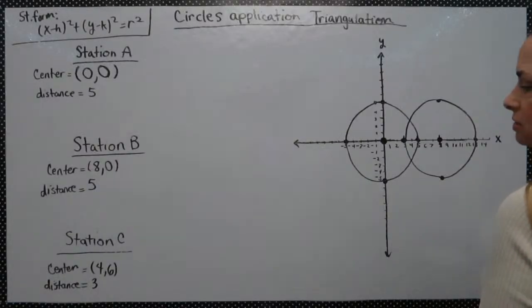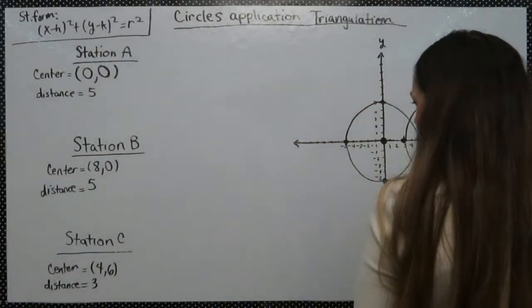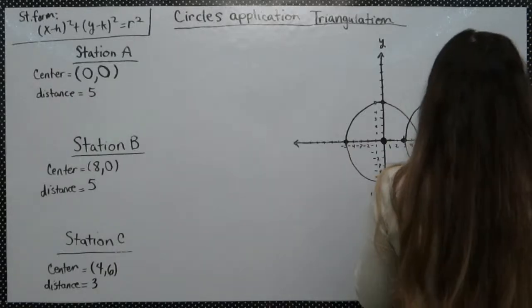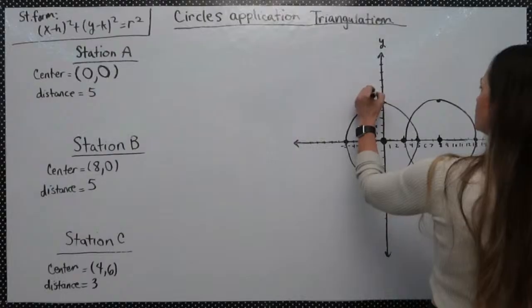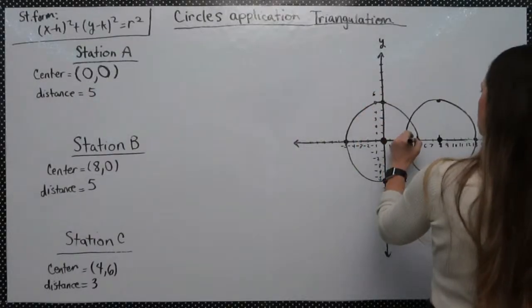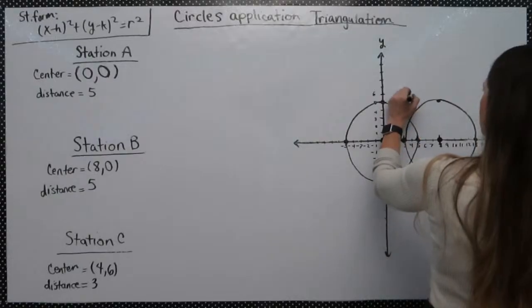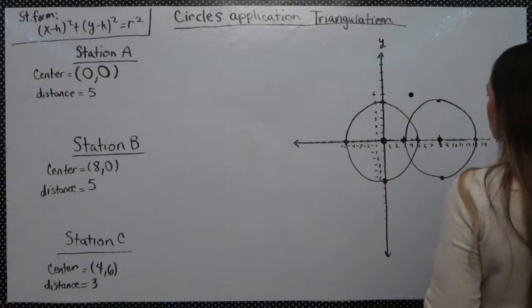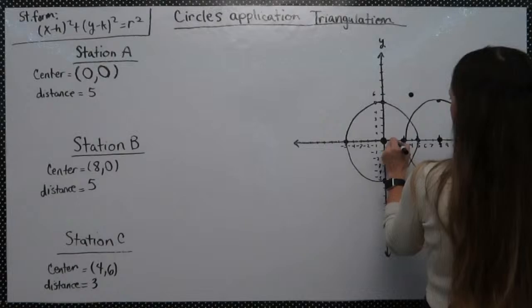So we've got a center for station 3. You can see we've got it at 4, 6, with a distance of 3. So I'm going to go out here 4 and go up 6, and it looks like this is my center for my 3rd circle right here, 4, 6. And I have a distance of 3, so I'm going to go out 3 from that: 1, 2, 3.